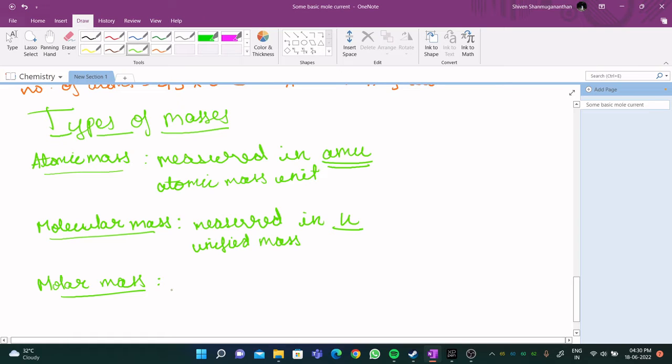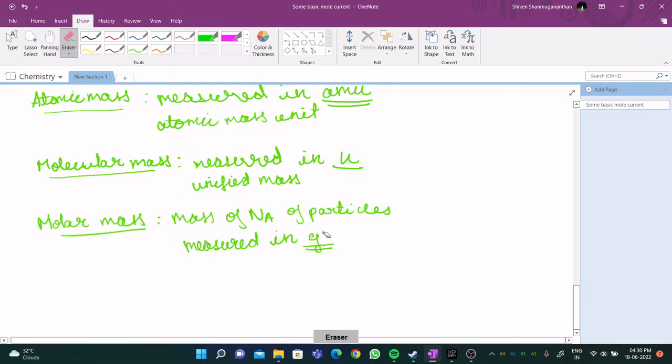It's the mass of Avogadro's number of particles, measured in grams.